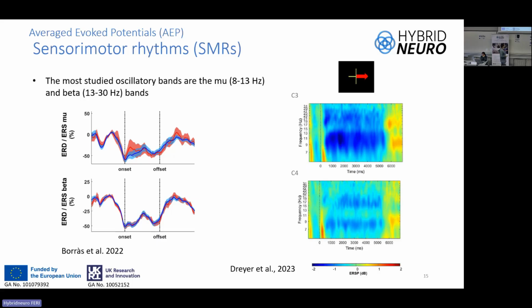Also, we can analyze it by using a single trial approach. In this case, we can obtain a time-frequency representation, so we can observe the variation of the spectral power along time in the different frequencies.